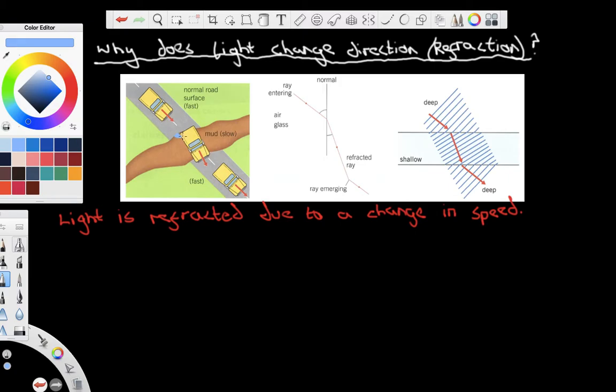And that's going to go much slower than the outer wheels. That's going to cause the truck to turn this way because its outer wheels will go faster. So its inner wheels are going to go slower and its outer wheels are going to continue to go fast. That's going to bend the car that way.